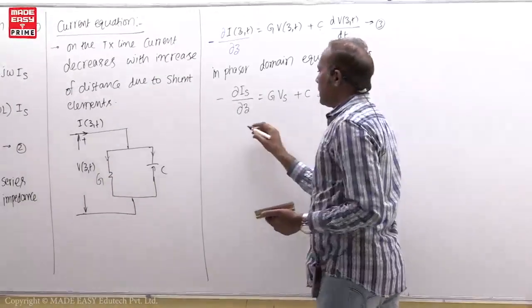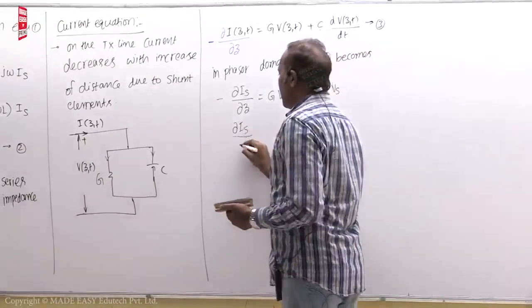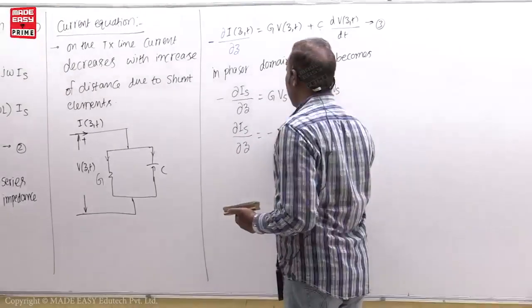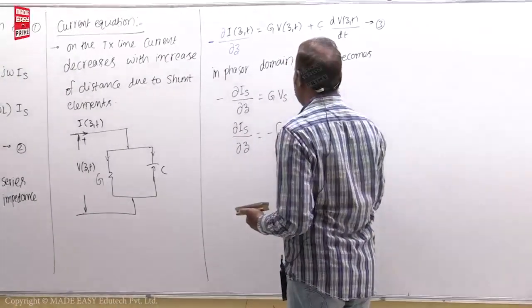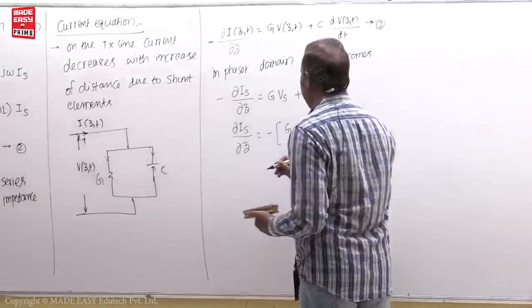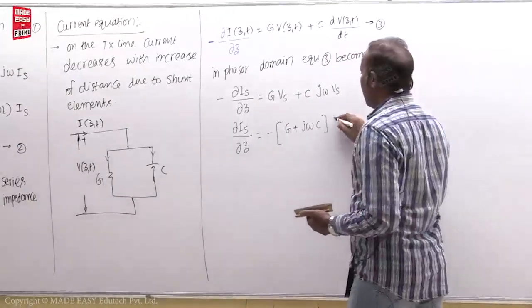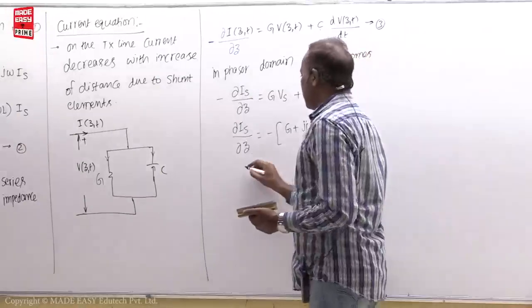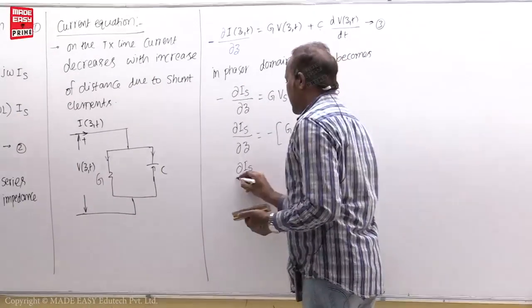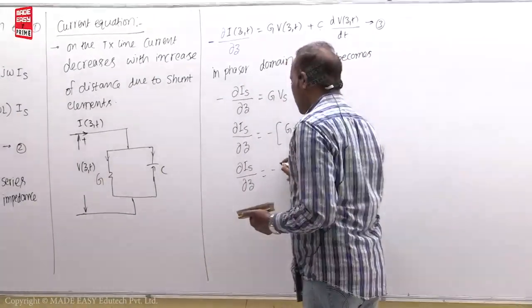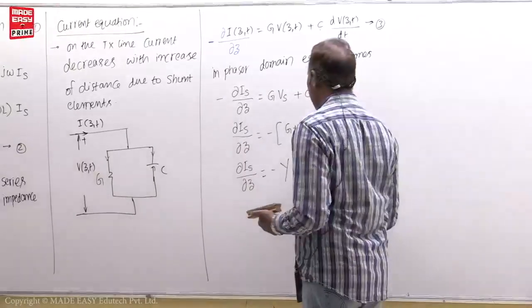So dou Is by dou z is equal to minus of (g plus j omega C) Vs, that is, dou Is by dou z is equal to minus y into Vs.